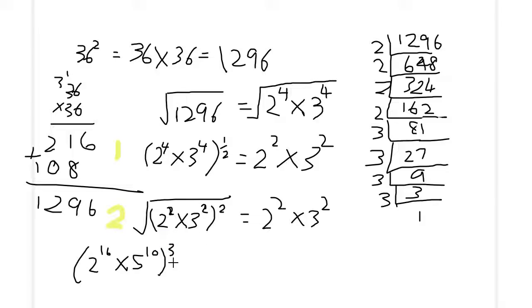Whenever you do this, you would actually multiply it in, so this one will be 48 because 16 times 3, and that will be 30.